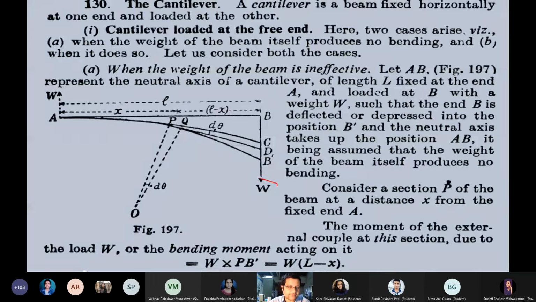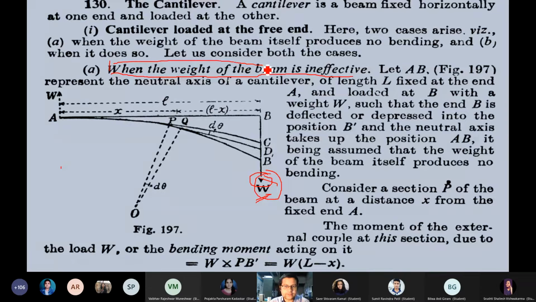There are three different cases of cantilevers. In the first case, the cantilever gets bent when we consider only the weight W attached to one of its ends. In that case we are not considering the own weight of the cantilever, or beam.